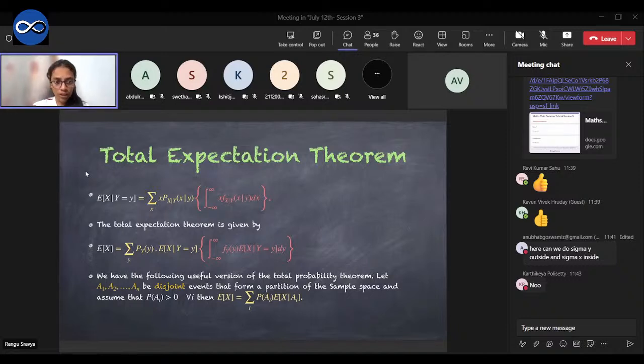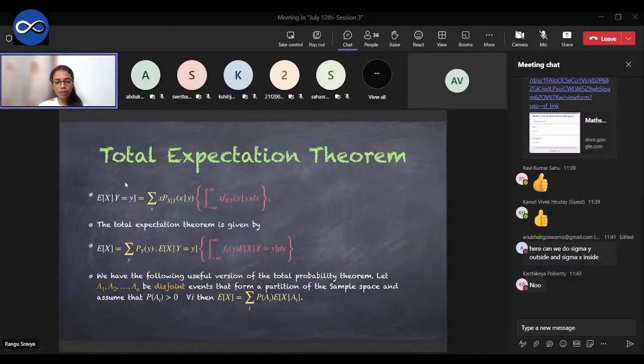Now let us look at the total expectation theorem. The total expectation theorem is given by E of x is equal to sigma over y of p_Y of y into E of x given y equal to y. So to find the expected value of x, take all the cases, separate cases for different values of y, find the expected value of x for each case and multiply it by the probability with which that y can occur.